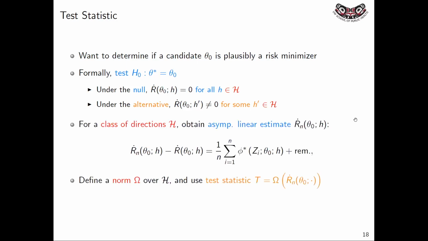For this class of functions, our recipe is that we look at an asymptotically linear estimator r dot n, with the efficient influence function phi star. And really, we have many h's here in this class, the whole class of functions. So, going back to your question, we need to think about an appropriate norm over that class of functions. And once we have a norm, we could just take our test statistic to be the norm of r dot.